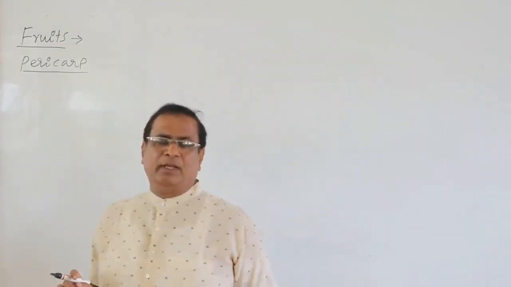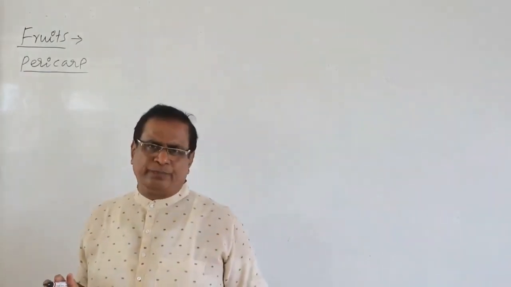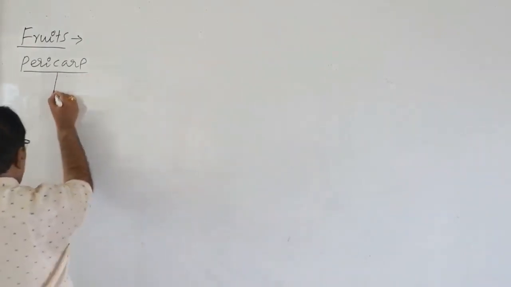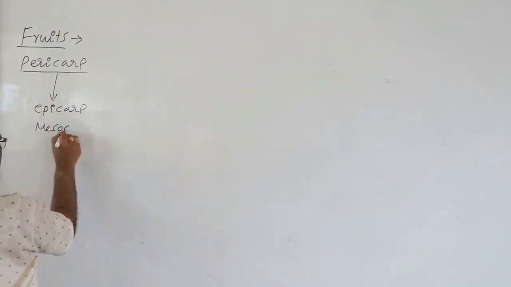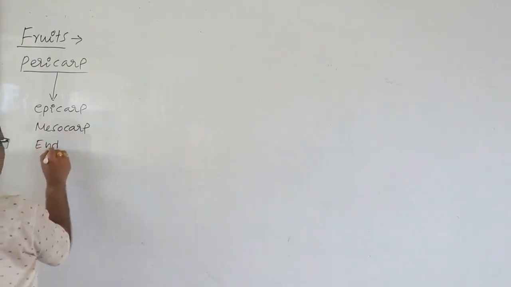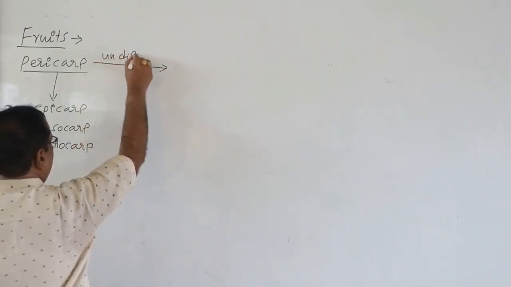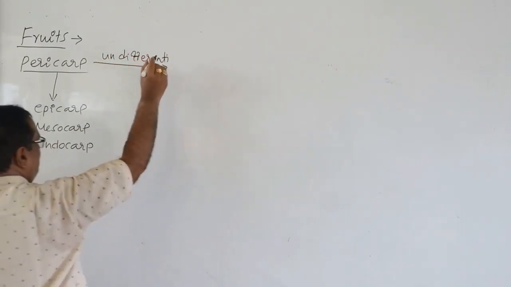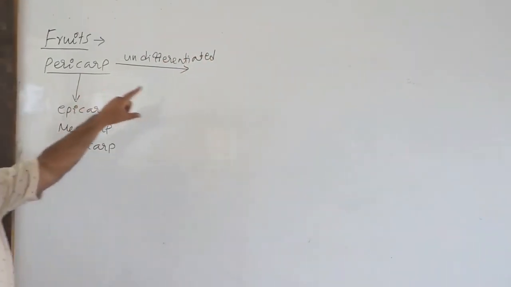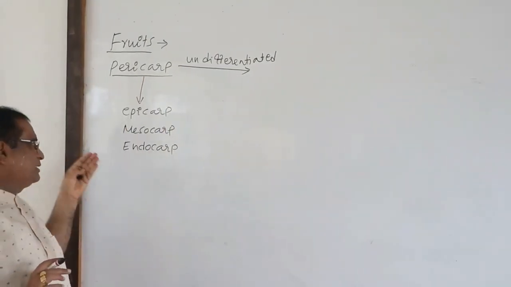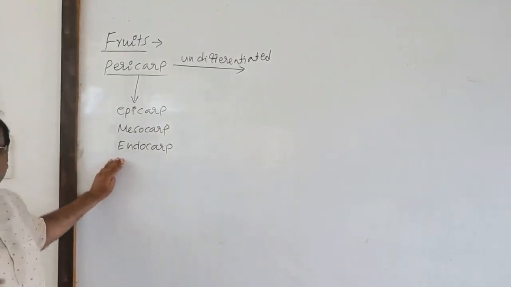This pericarp may be undifferentiated, or it is differentiated into outer epicarp, middle mesocarp and inner endocarp.